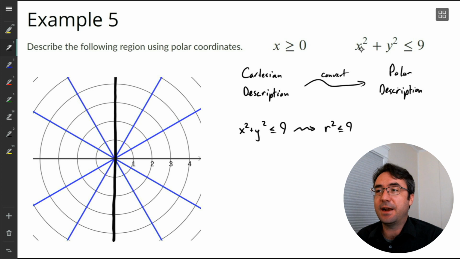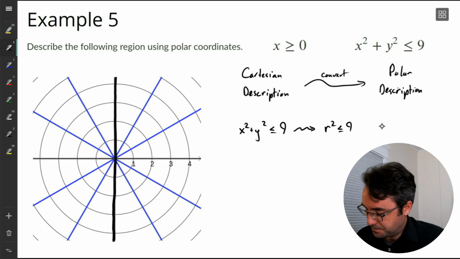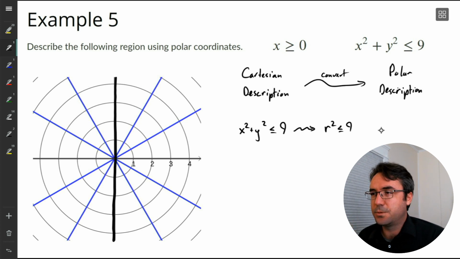Saying x squared plus y squared is less than or equal to 9 really means r squared is less than or equal to 9, and we can solve this for r by taking the square root of both sides.